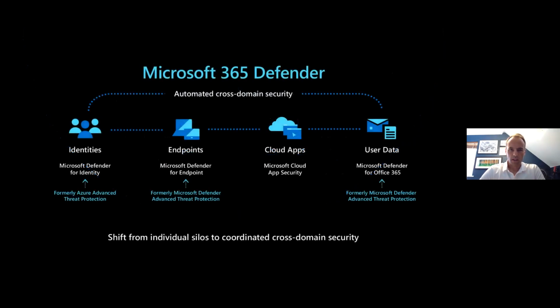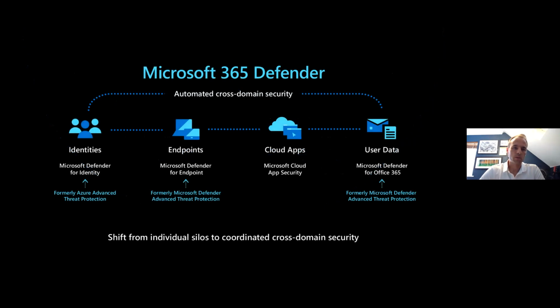So let's look into Microsoft 365 Defender in a little bit more detail. It's made up of 4 different tools across Microsoft 365. If we look to the far left, we start off with identities. That's Microsoft Defender for Identity to protect your on-premise resources, so through Active Directory.